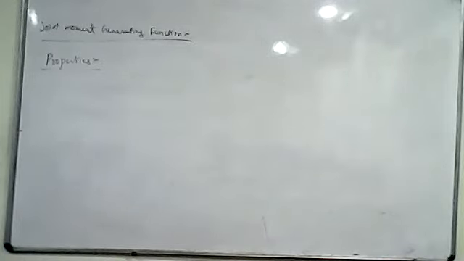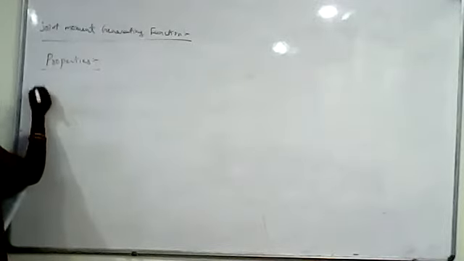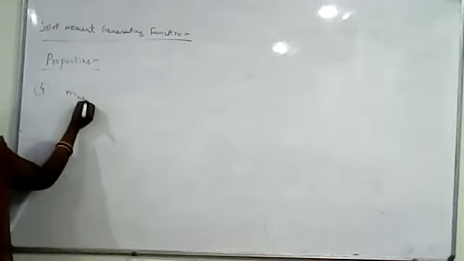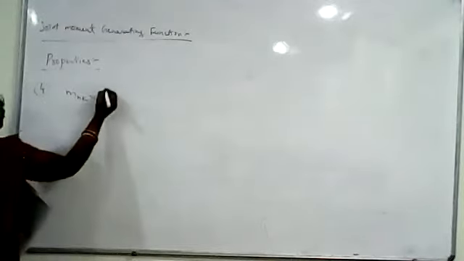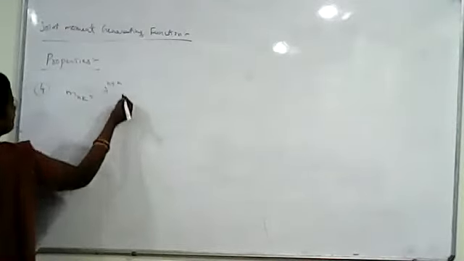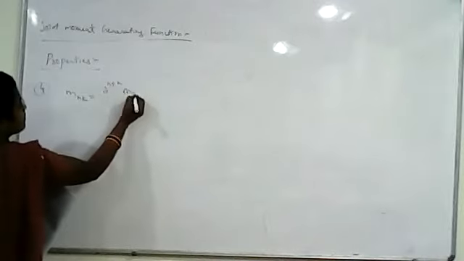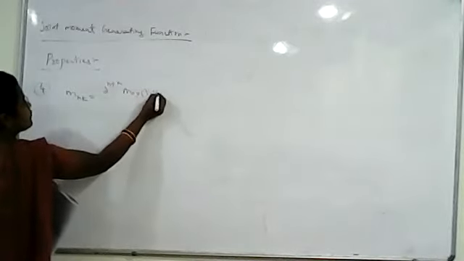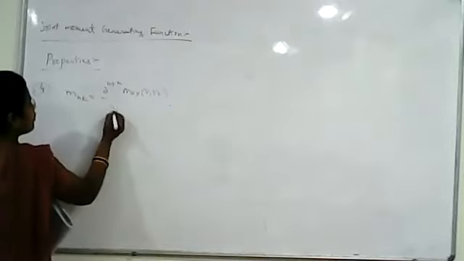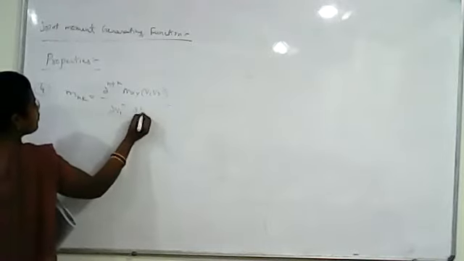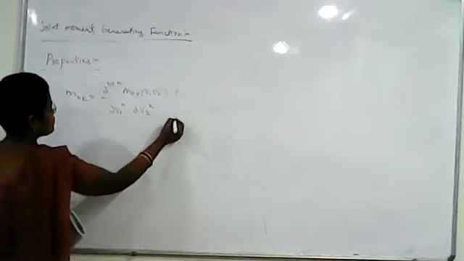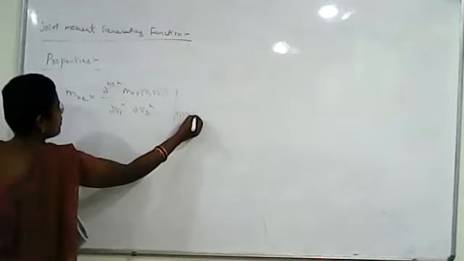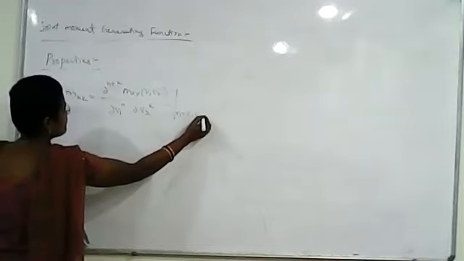The fourth property of the joint moment generating function is that the joint moments can be obtained from the joint moment generating function. It is given like this: m_nk is equal to the partial derivative of order n plus k of M_XY(v1, v2) with respect to v1 to the power n and v2 to the power k, substituting v1 equal to 0 and v2 equal to 0.